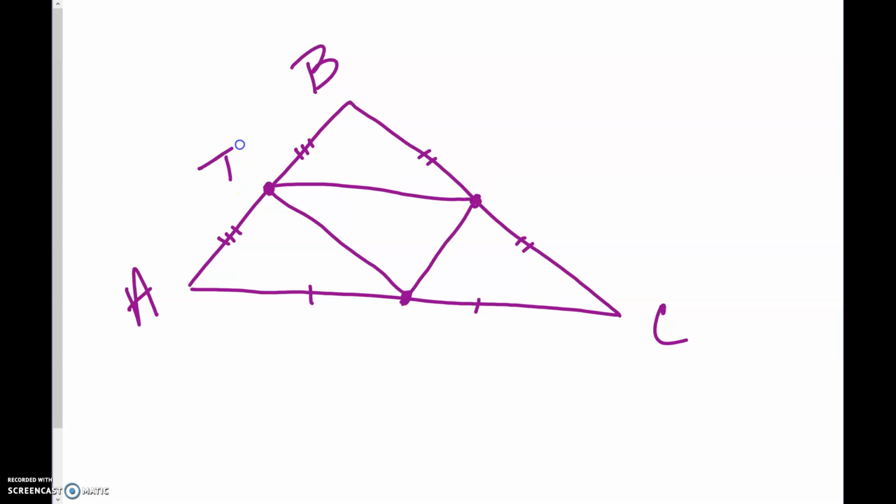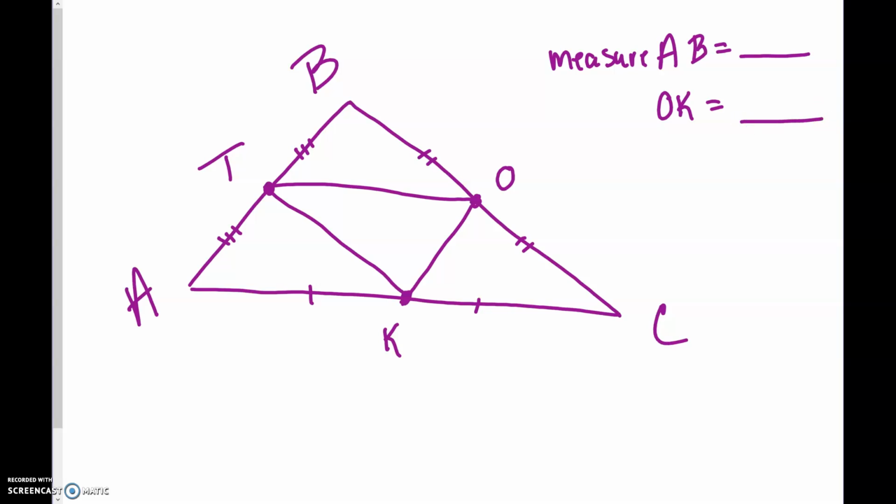We're just going to call it TOK. Then I would like you to measure the length of AB. Once you measure AB, measure the length of OK and see if you can make a comparison.